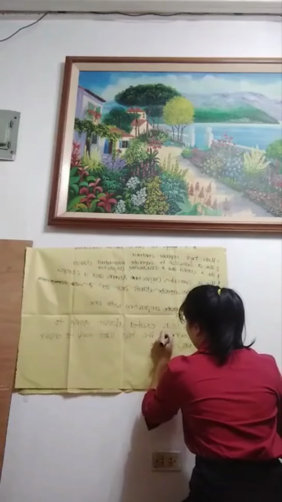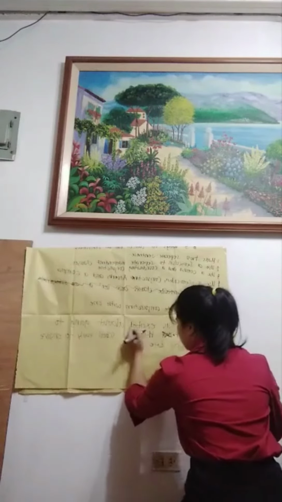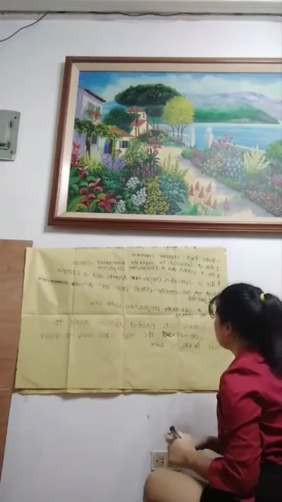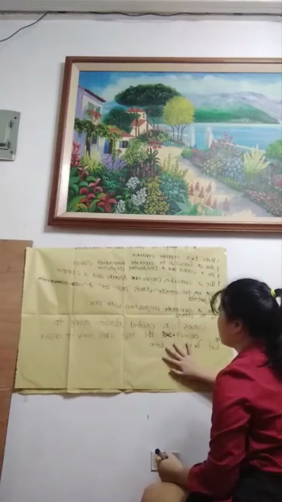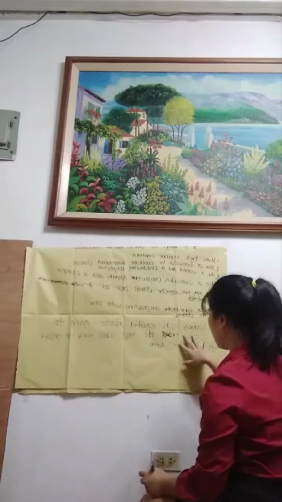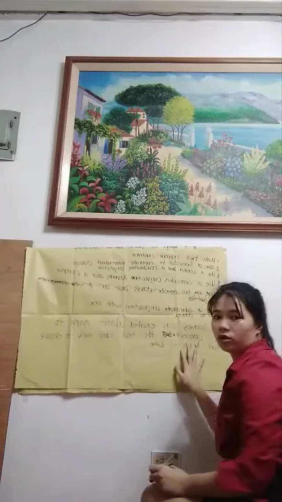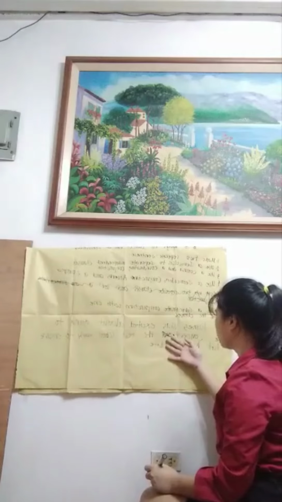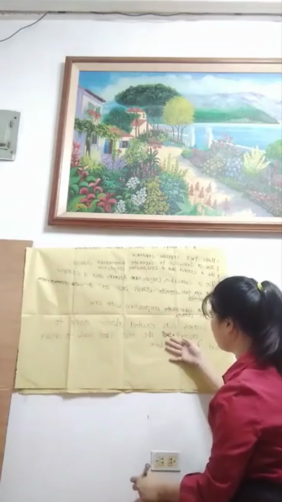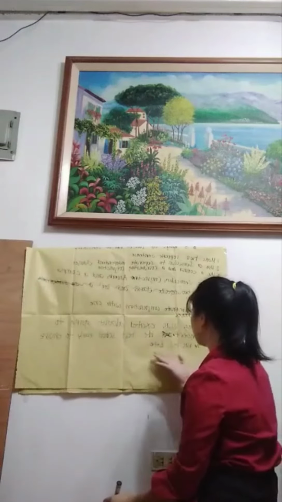We insert a period, we erase this and we capitalize it. And this is how we correct the run-on sentence. James was excited about going to the concert, and we insert a period. He left school early to ensure that he was not late.